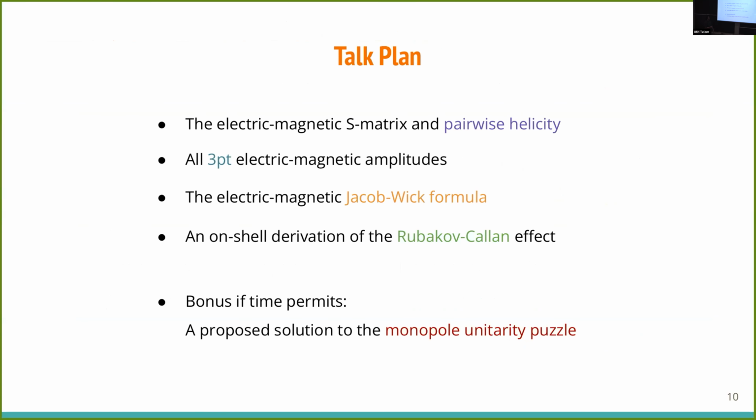So let me tell you about the content of this talk. First, I'll present our construction of the S matrix for charge and monopole scattering. Then I'll use our construction, basically generalized little group arguments for the modified S matrix, to nail down all 3-point amplitudes for different dyons, charges, and monopoles. This is similar to the paper that Nima wrote in 2017 about scattering amplitudes for all masses and spins. Using little group, he was able to nail down all 3-point amplitudes.